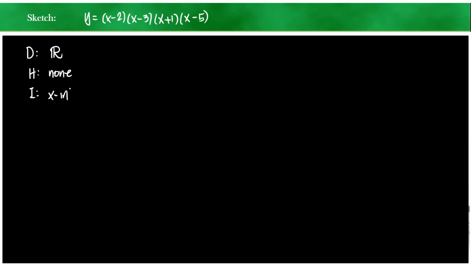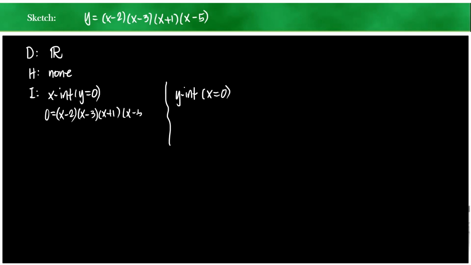intercepts, x-intercept and y-intercept. This happens when x is 0. This happens when y is 0. Okay, guys. So when y is 0, x minus 2, x minus 3, x plus 1, x minus 5. Ang dami nating x-intercept: 2, 3, -1, and 5.